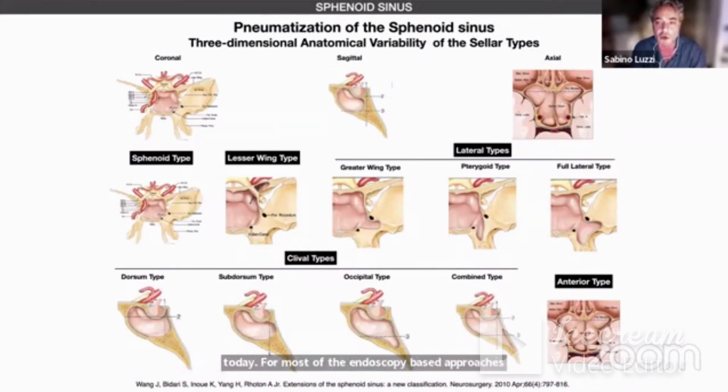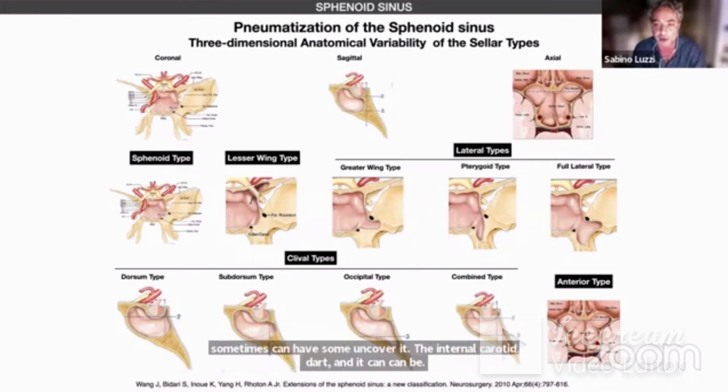So that's the reason why in 2010, the Rotterdam group performed this overview in terms of classification of the pneumatization of the sphenoid sinus. This is a beautiful classification that involves not only the sagittal plane, but also the axial and especially the coronal plane. Why? Because if the rate of pneumatization of the sphenoid body is excessive, we sometimes can have an uncovered internal carotid artery that can be easily injured during drilling or during exposure.